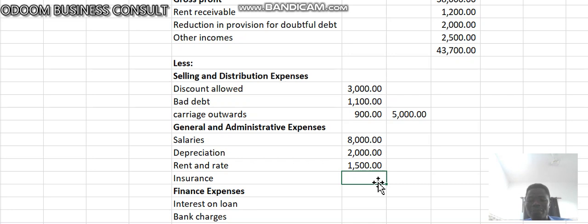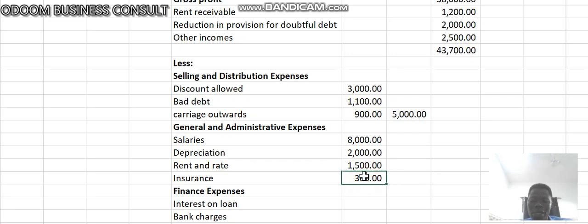So you charge the insurance cost to your business expense as well, because you incur that expense as you are running your business. So let's give that a figure, say 3,000 insurance cost.